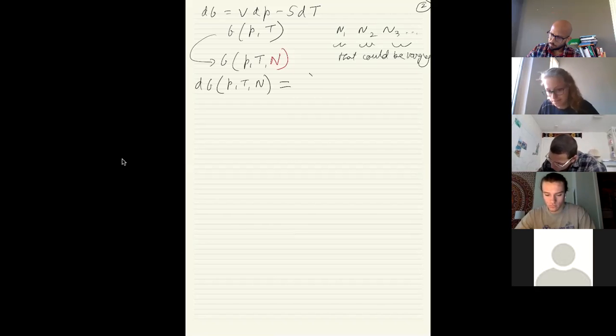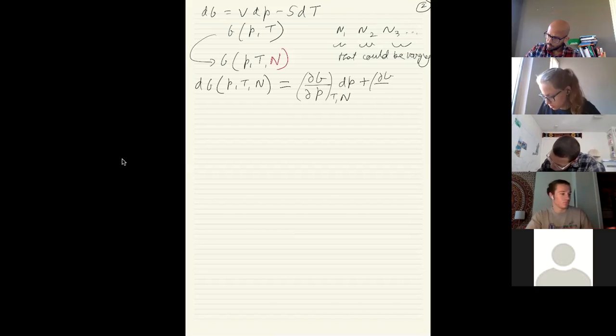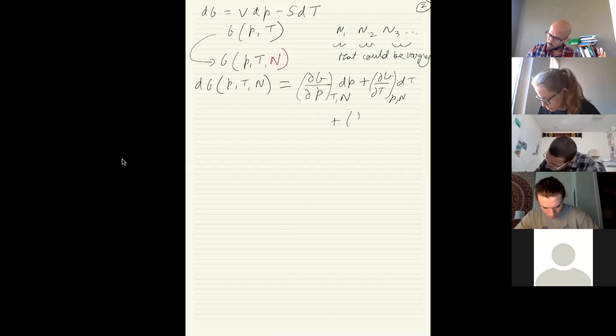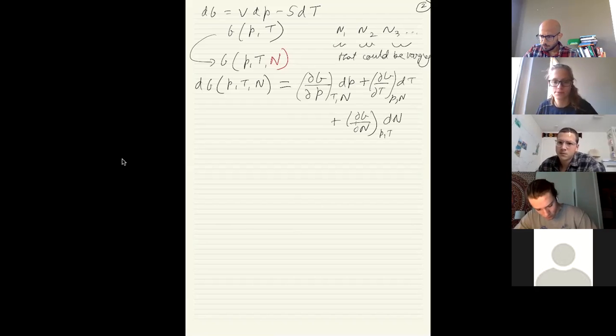This would be written as partial G by partial P at constant T, N, dP, plus partial G by partial T at constant P, N, dT, plus partial G by partial N at constant P, T, dN. Now for this third term, we have to be careful because this N is actually a bunch of variables on its own. It is N1, N2, N3.